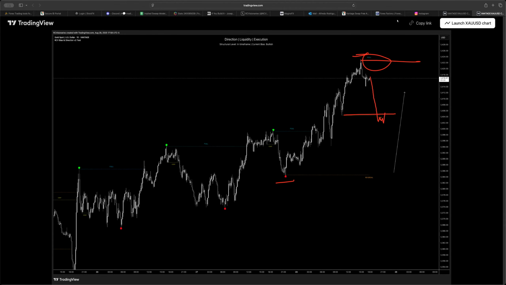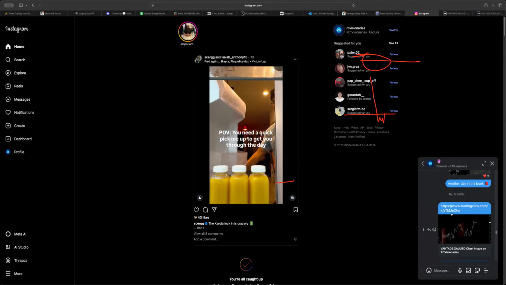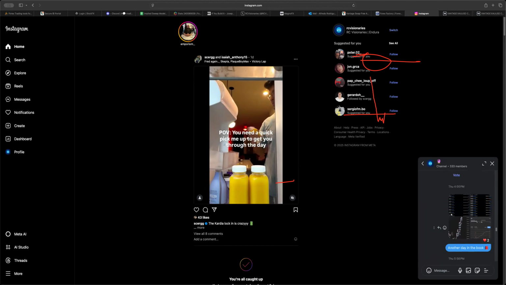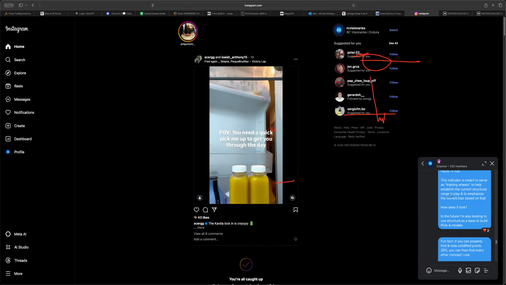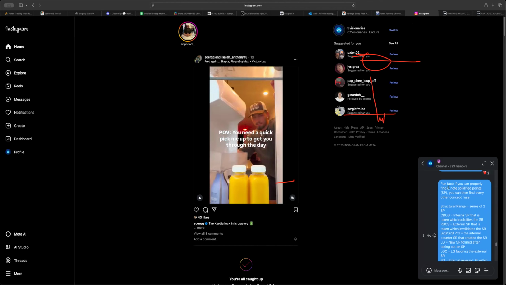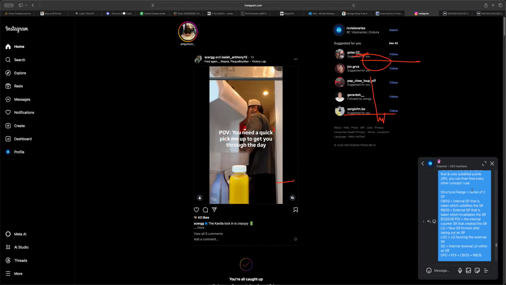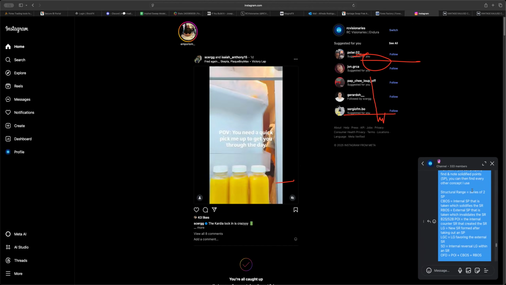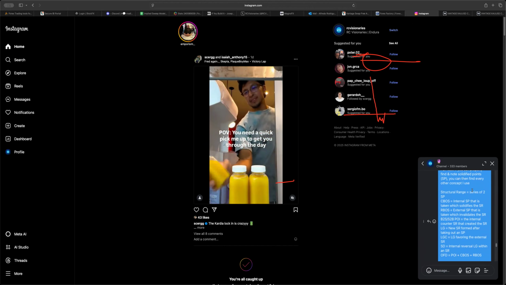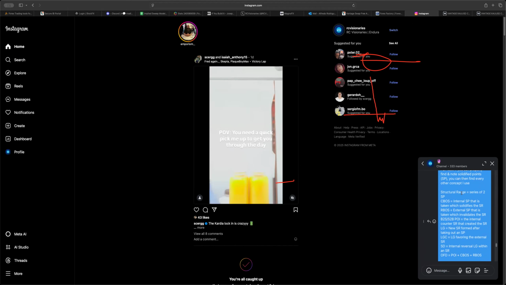in the Instagram group here, where, fun fact, if you can properly find and note solidified points, you can then find every other concept that I use. My entire trading approach is built on structure. It's built on solidified points. Solidified points create structural ranges.